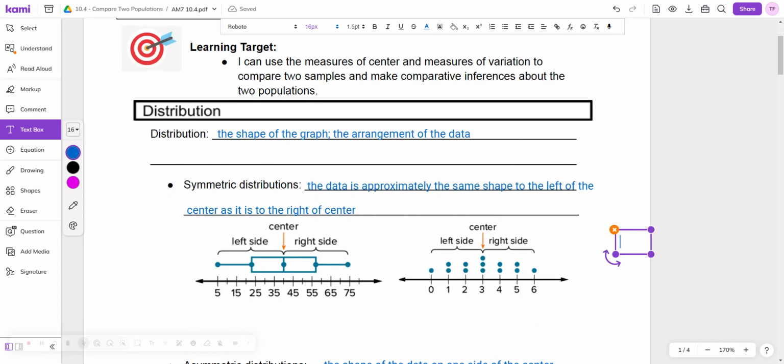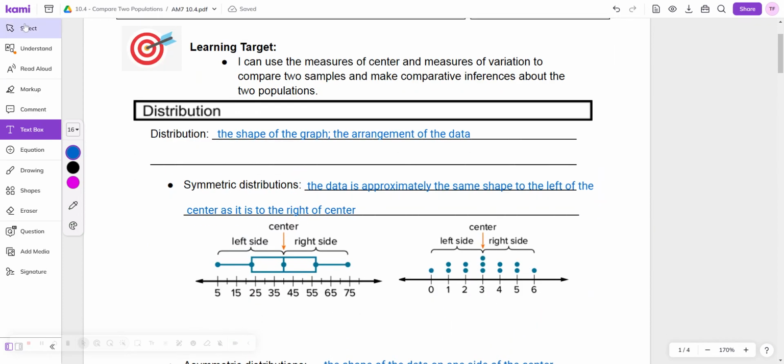So I've got a couple of examples here, a box plot and a dot plot. Notice here on the box plot, if I were to take this and fold it down the center and match it up, it would match up exactly.